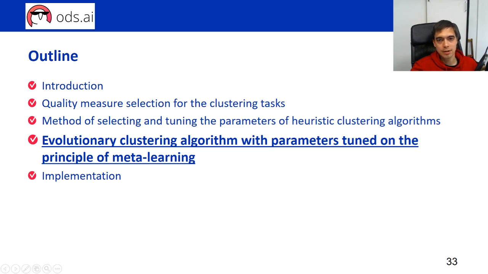So we considered the problem of assessing the quality of clustering, the approach to its solution, as well as the method for selecting and tuning a heuristic clustering algorithm. Now let's consider the evolutionary clustering algorithm with parameters tuned using a meta-learning approach.